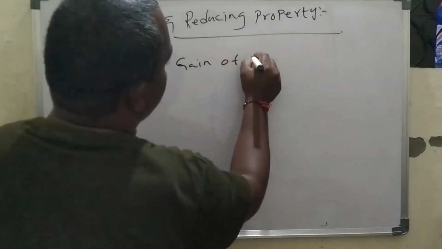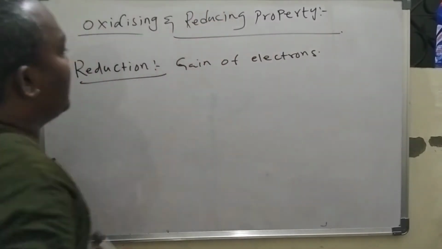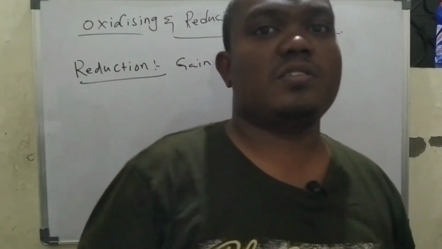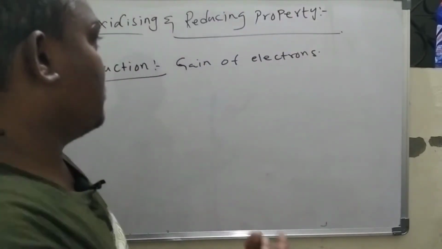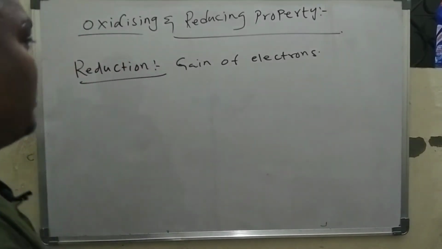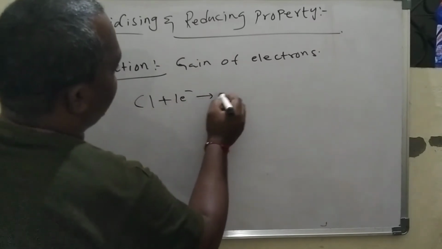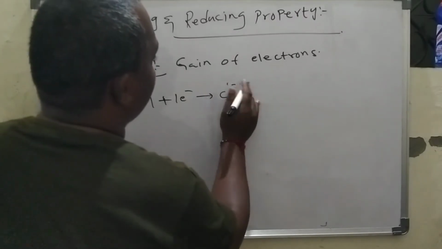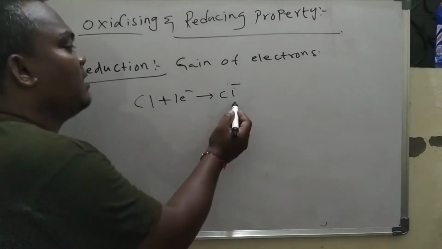Gain of electrons is called reduction. The process in which a substance gains electrons is known as reduction. See, chlorine adds one electron and forms a Cl minus ion. By addition of electrons we get a negative ion, that is, an anion.